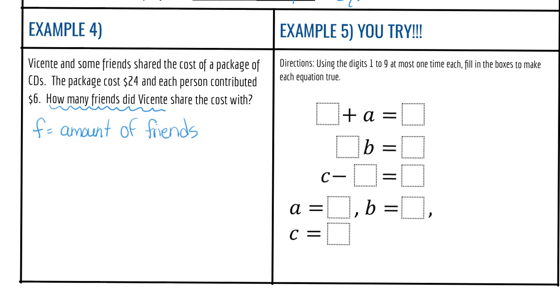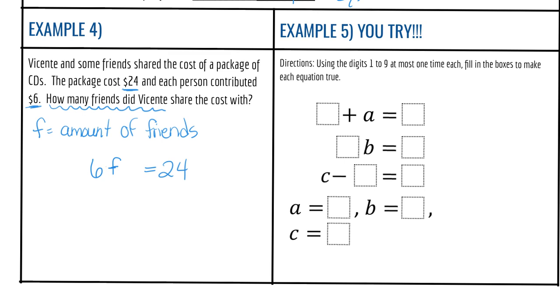So if we have the amount of friends and we know the package costs $24 and each person contributed 6, right? So if I know that the total was 24 and then we have $6 per amount of friends, right? So I'm going to multiply 6 times F. So now let's go ahead and solve it using the inverse operation.